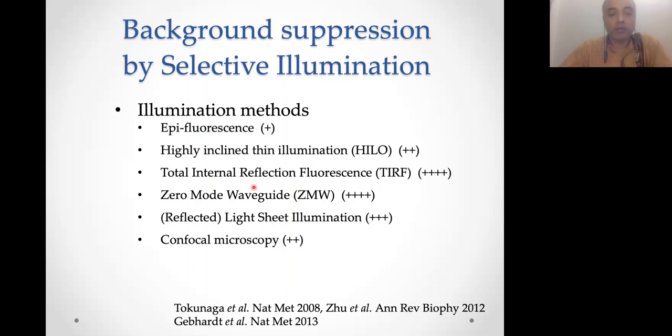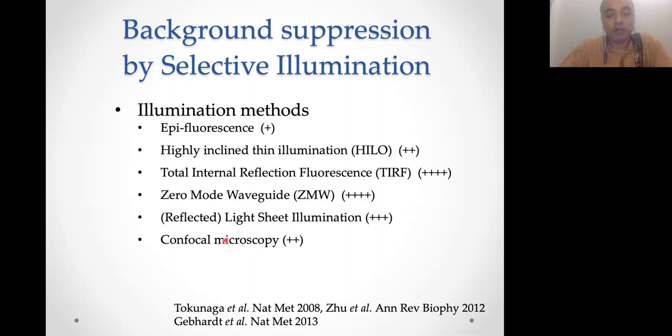Zero mode waveguides are used, but they are most commonly used for in vitro systems, where you have purified systems and you can get very good suppression of the background. I'm not going to go into details of zero mode waveguides or epifluorescence, because you have seen a lot of them. All of you probably have an epifluorescence microscope in your lab.